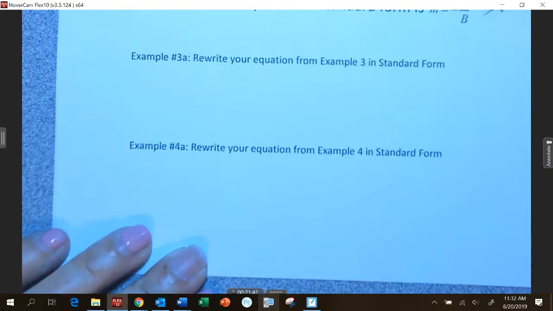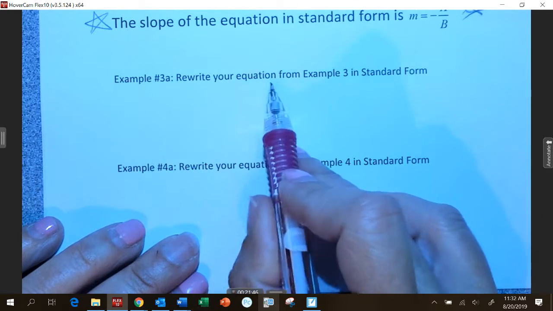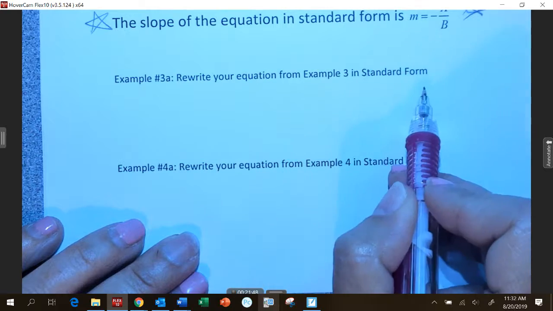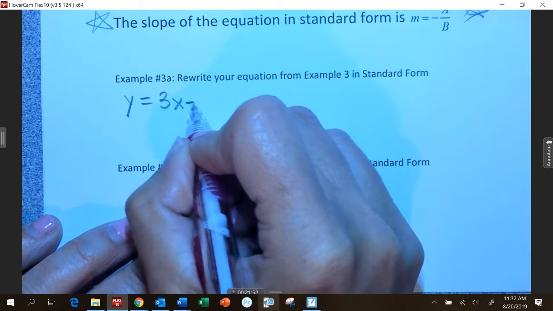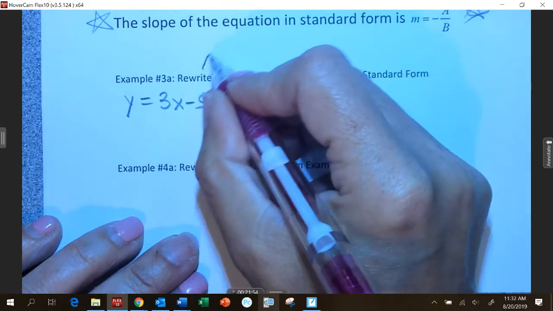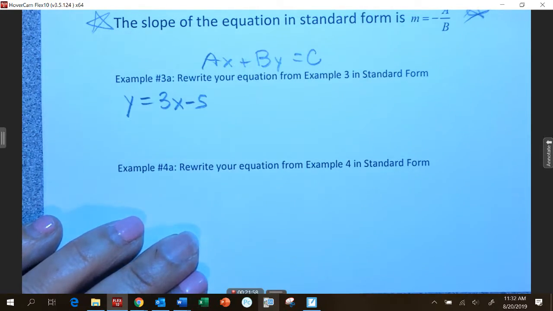Alright, example 3A. Write your equation from example 3 in standard form. So we're going to take our answer from example 3, y equals 3x minus 5, and we're going to change it into standard form, which is ax plus by equals c. How are they different? What should I do?